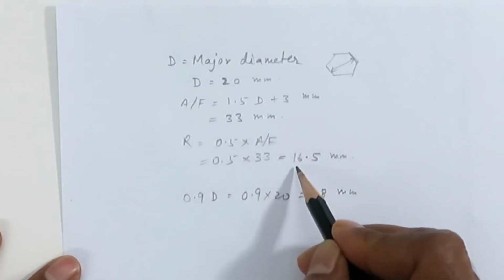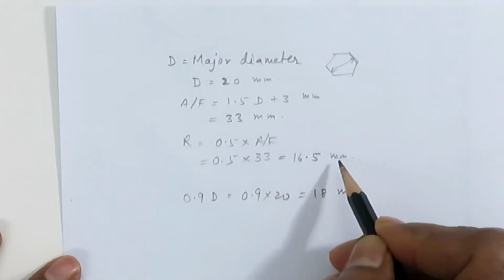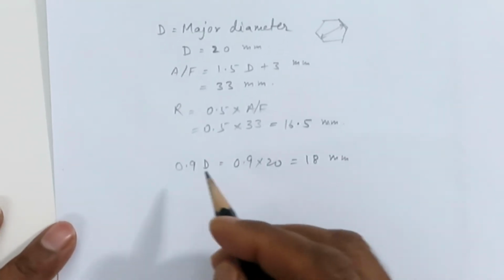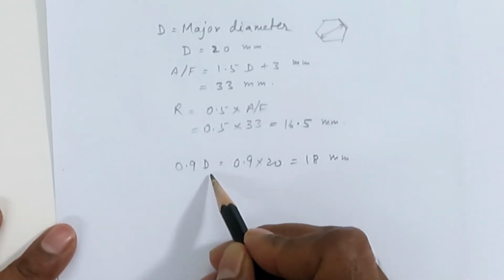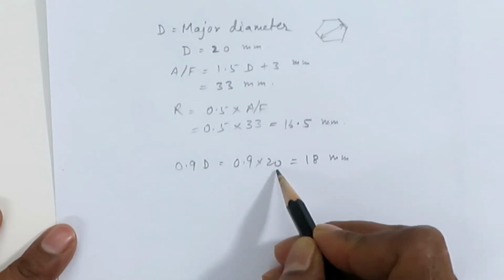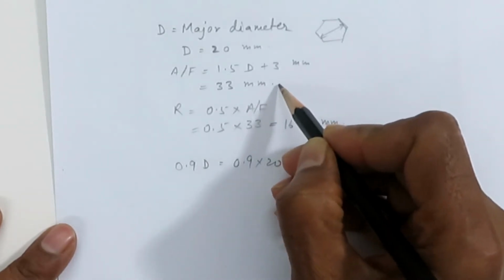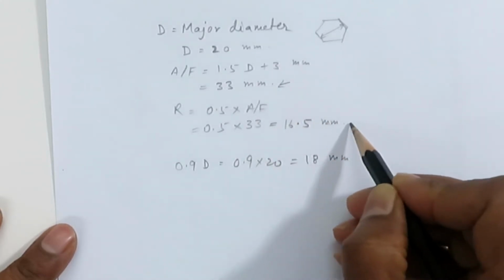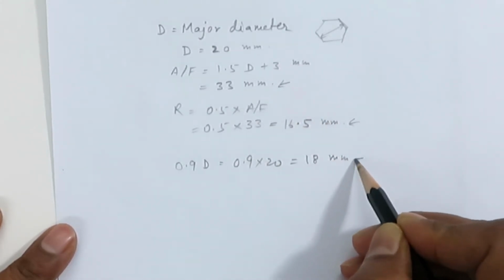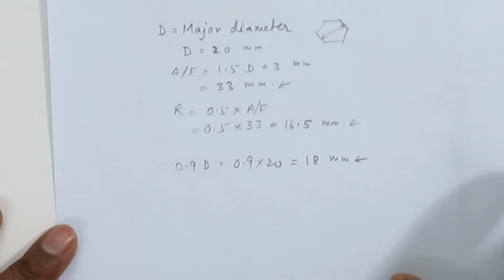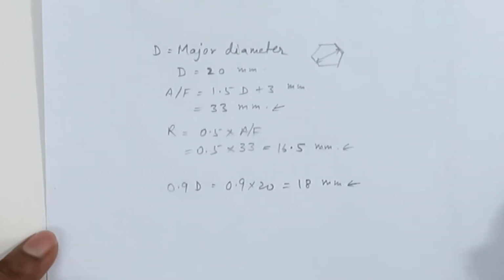So half of AF will be 16.5 millimeter. And also we should calculate 0.9 d. So 0.9 times d will be 18 millimeter. So we will use these three data in our drawing. So first we should calculate these three.